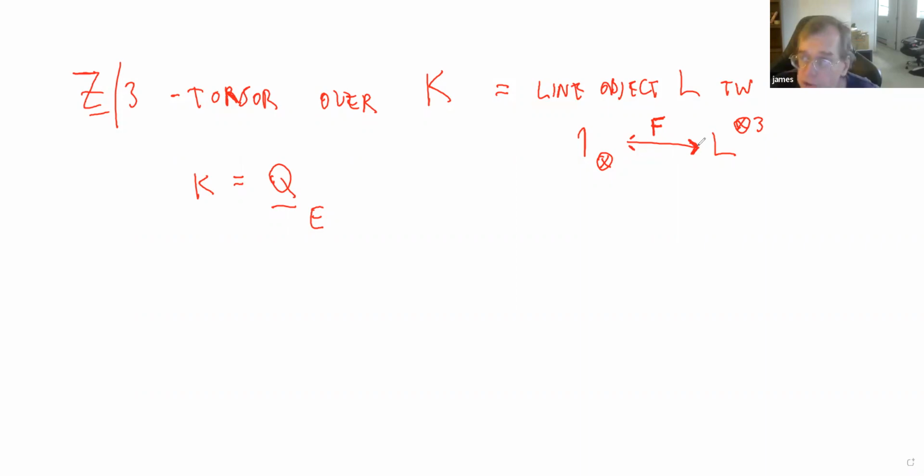So then by the same kind of tricks that we used in the case of Z mod 2, since you're working over a field where there are no non-trivial line objects, there's no non-trivial vector space objects. Vector spaces are distinguished just by their dimension.